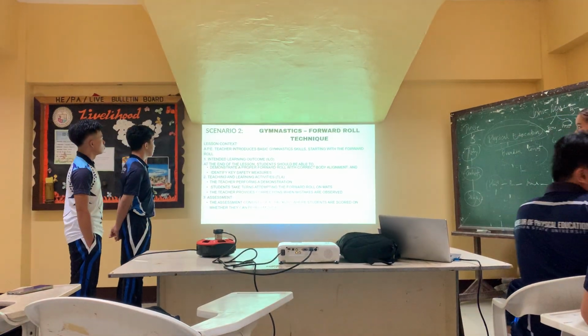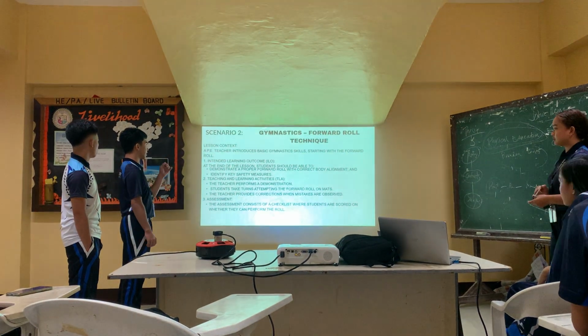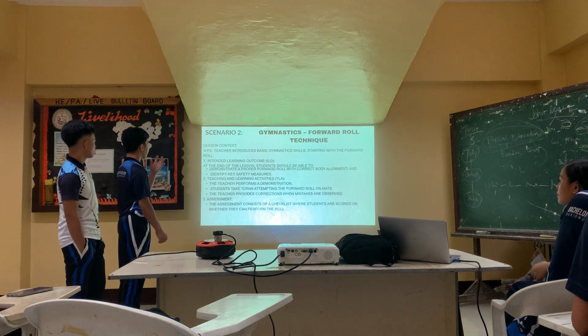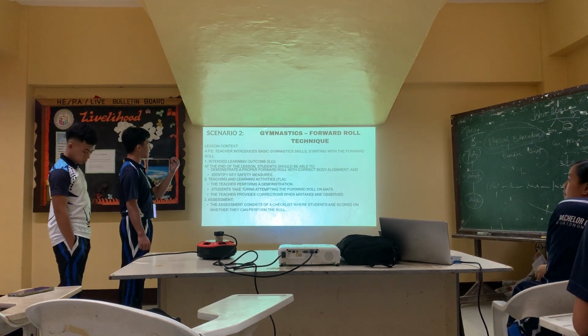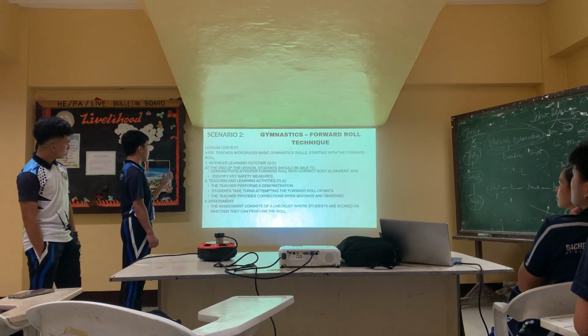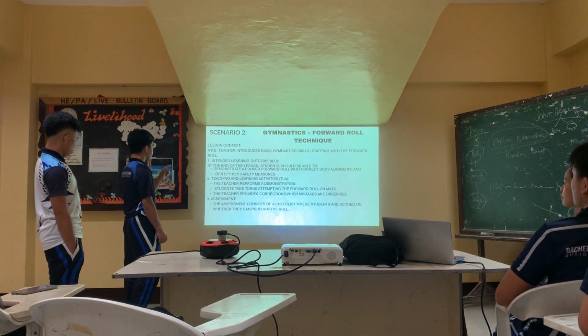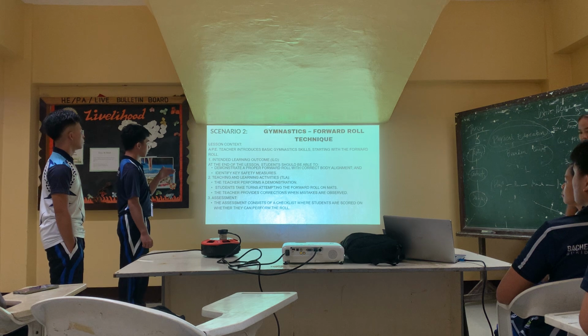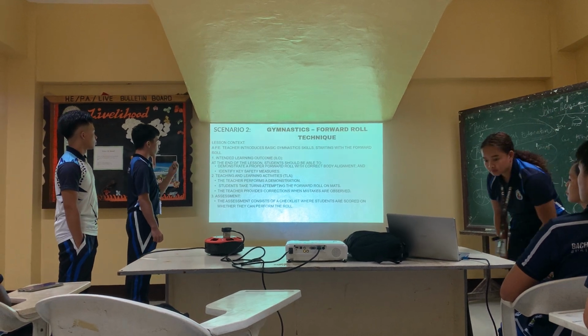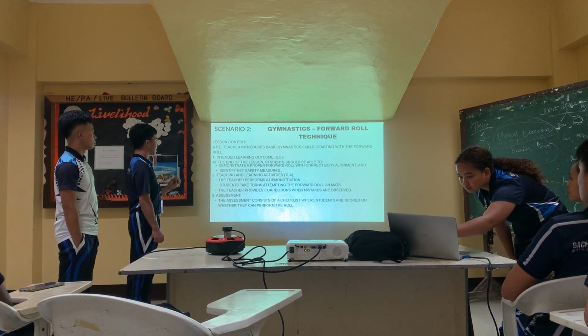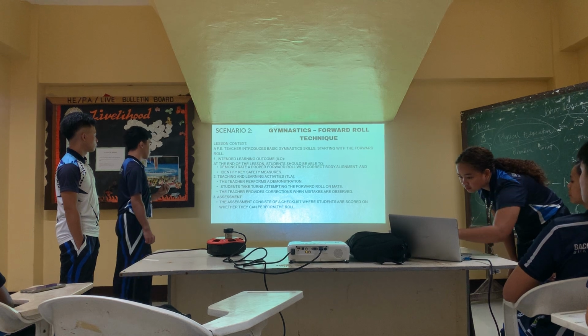So for the assigned scenario, gymnastics forward roll technique. For the lesson context, the PE teacher introduces the basic gymnastic skills, starting with the forward roll. For the ILO, at the end of the lesson, the student should be able to demonstrate a proper forward roll with correct body alignment and identify key safety measures.